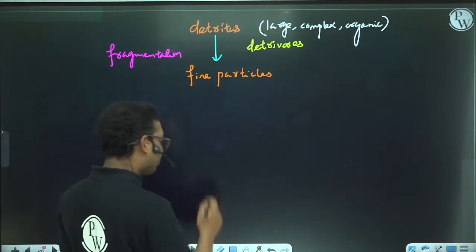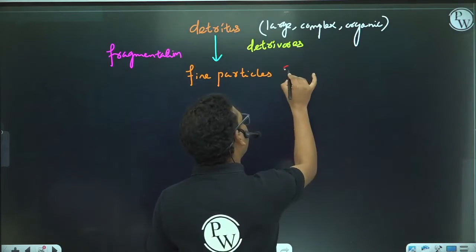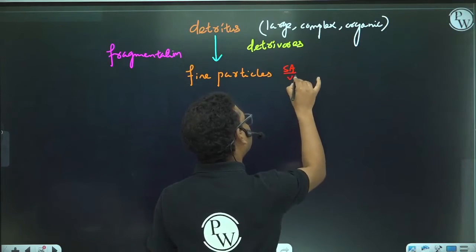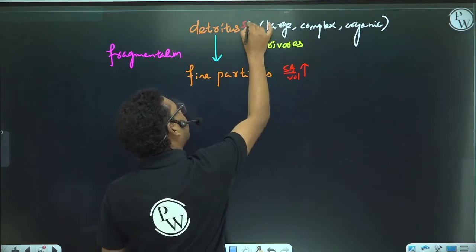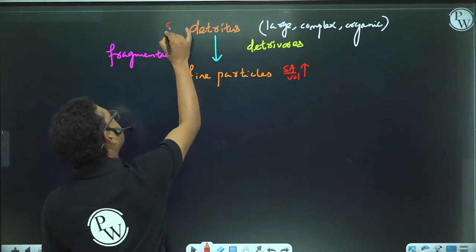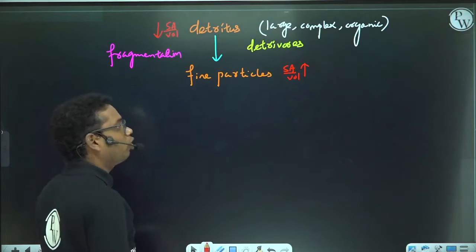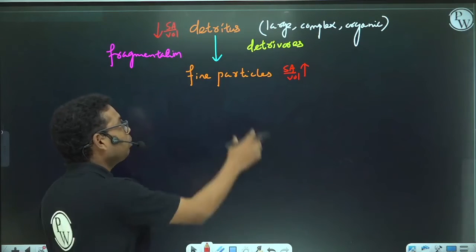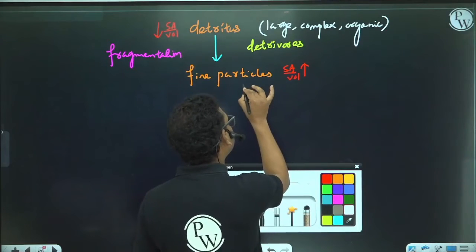This fine particle has a high surface area to volume ratio, and the detritus has a low surface area to volume ratio. These fine particles are also organic in nature.